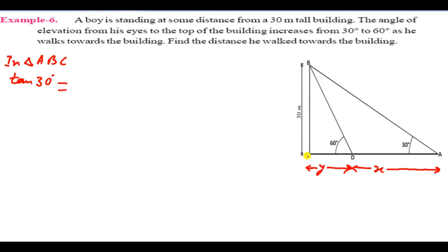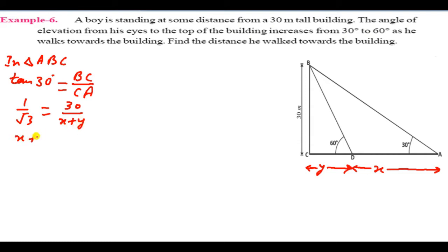Perpendicular is BC and base is CA. So we can write here BC upon CA. Tan 30, that means 1 by root 3. BC is given as 30 and CA we want to find, it is x plus y.